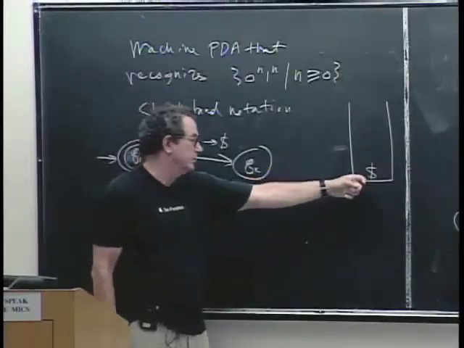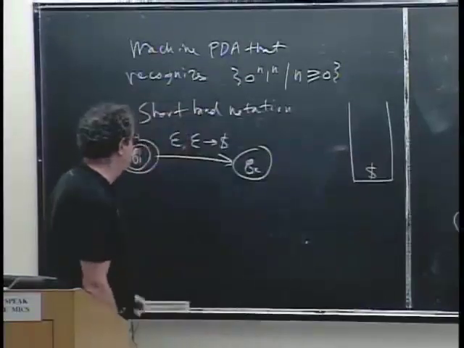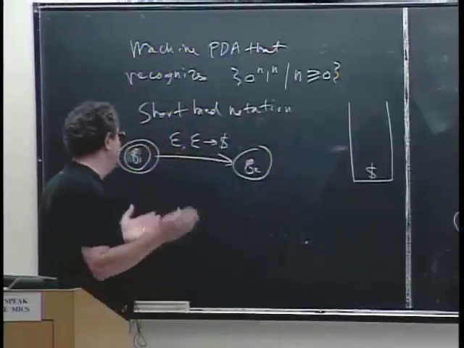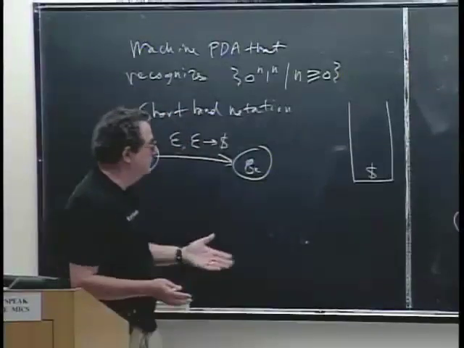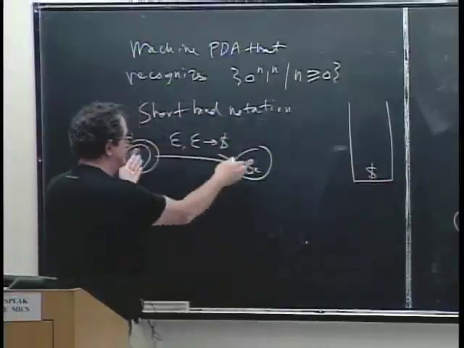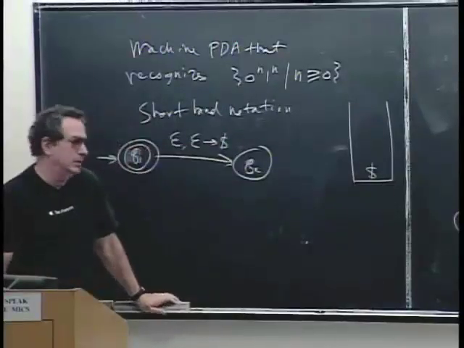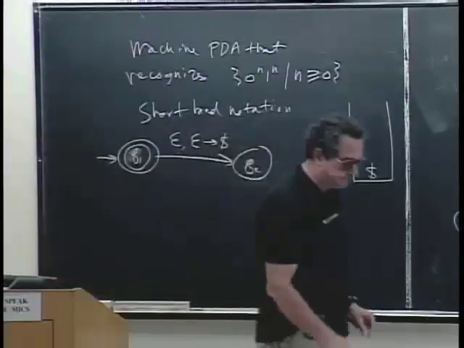Because if it ever reads a $, then it knows that it's at the end. So whether you allow a PDA to detect that the stack is empty, or whether you always do it this way by putting this at the very beginning of your PDA, it's the same thing.